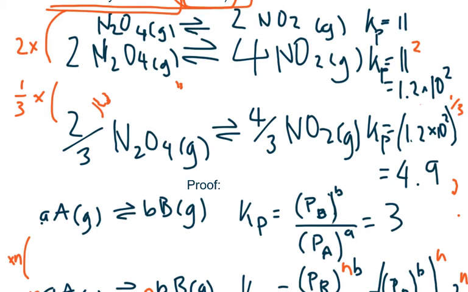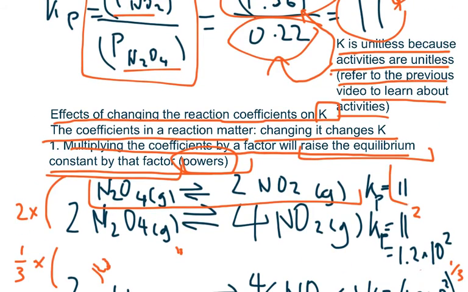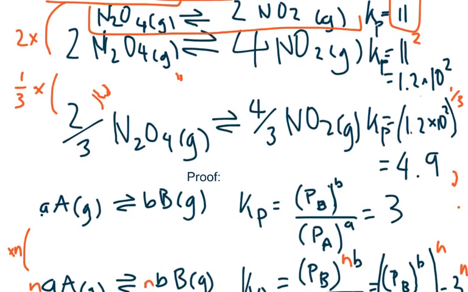So we have our original reaction here, and we figured out at the beginning that Kp will be equal to 11. Now what happens if we multiply the coefficients by a factor of 2? So N2O4 will become 2N2O4, and 2NO2 will become 4NO2. What will happen?